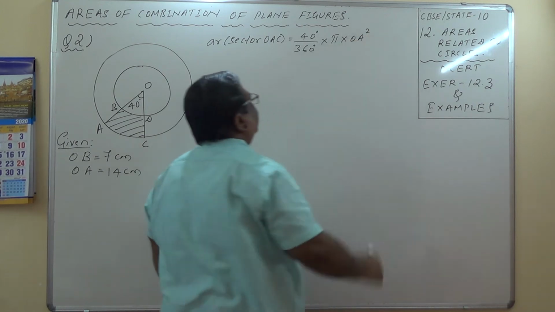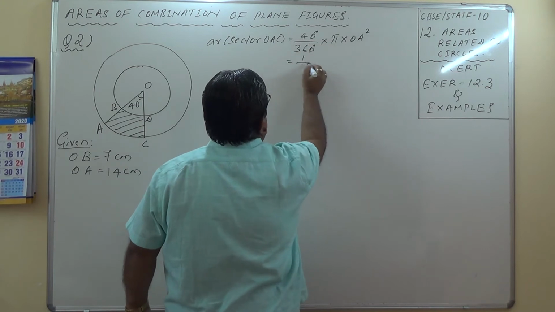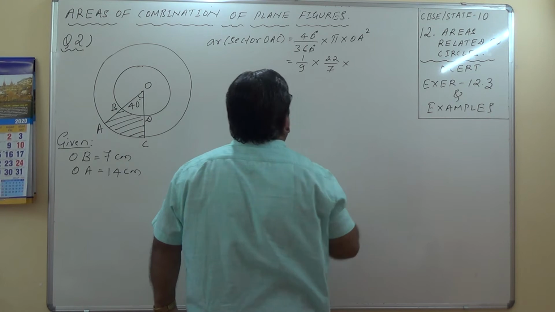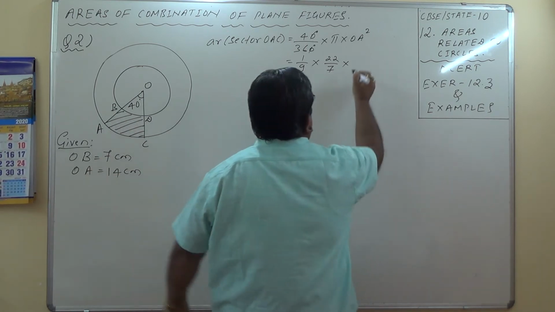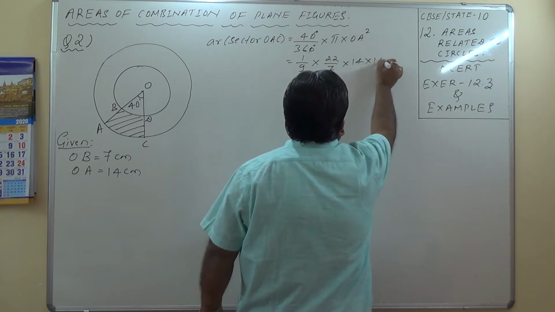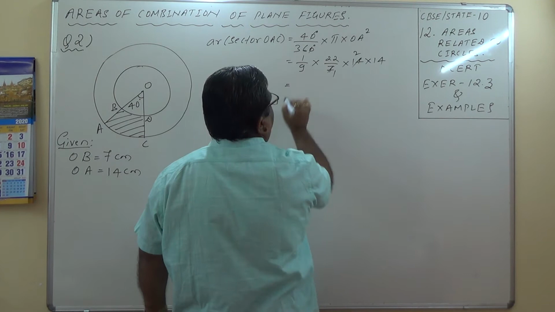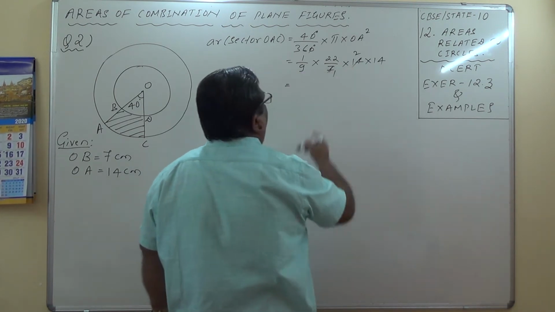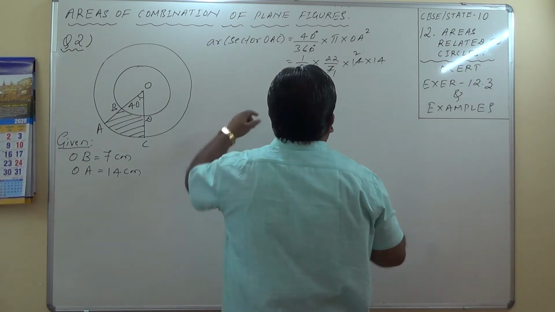OA is the radius here, which is equal to 1 by 9 into 22 by 7 into OA, and OA is 14 centimeter. So 14 into 14, 7 ones are 7, 7 twos are 14, which gives 44 into 14 or 28 into 14 divided by 9. I can also do it that way.